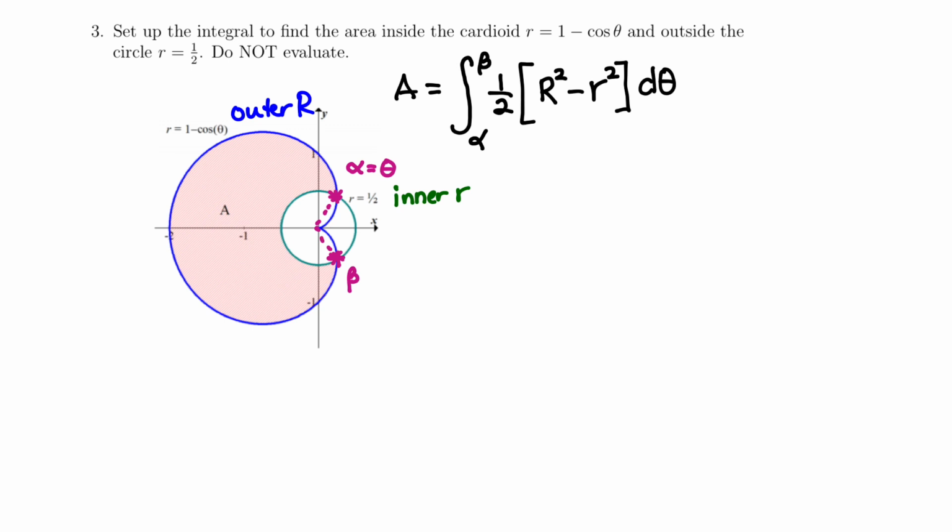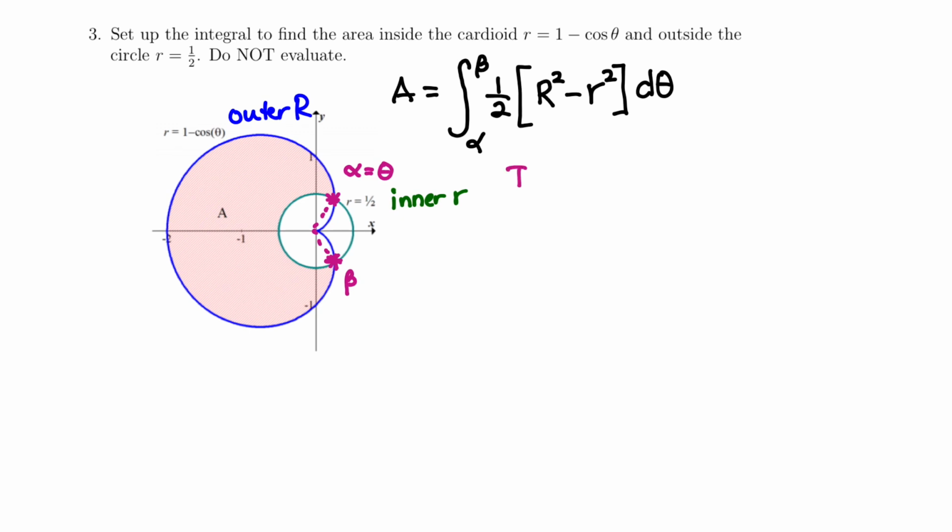Did you set them equal? Sure, set them equal. What's the one? 1 minus cosine theta. And what's the other one? 1/2. So to get intersection points, set your curves equal to each other.